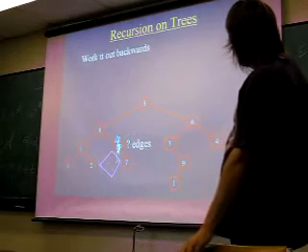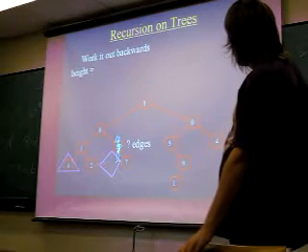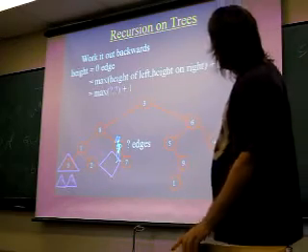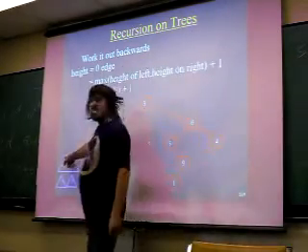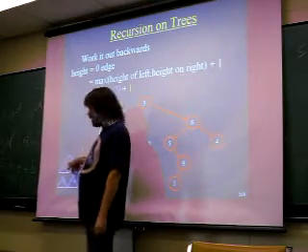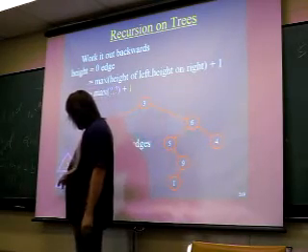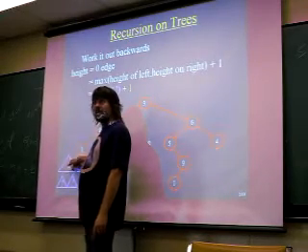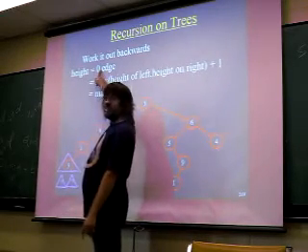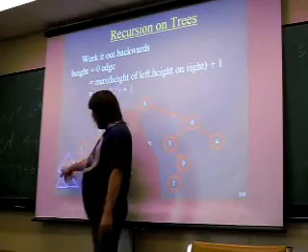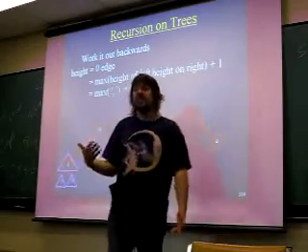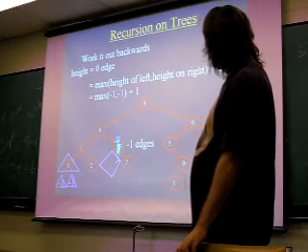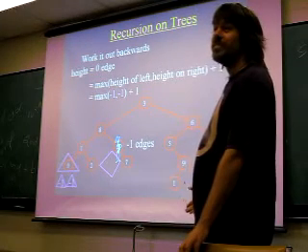Now why is that? Well, the height of that guy there is 0 edges. This guy here has 0 edges in 1 node. Everybody agree with that? So my answer is going to be the max of this and this plus 1 to give me 0. So what do I want down here to give me 0? I need negative 1. It's kind of awkward, but true.